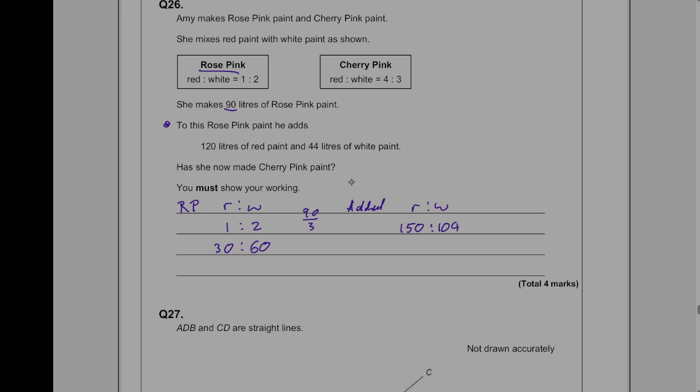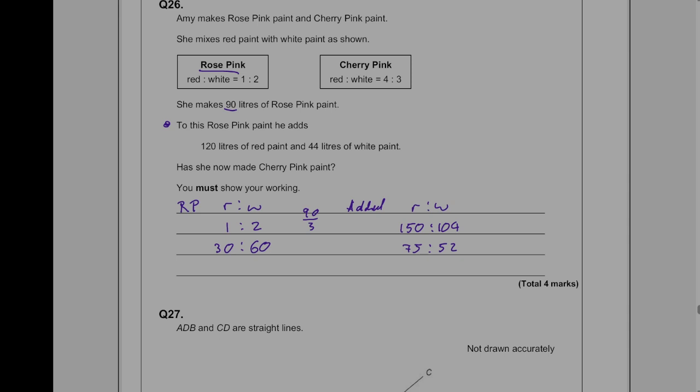Has she now made cherry pink paint? I could say no straight away, because this isn't a multiple of 4 and this isn't a multiple of 3. But what I'm going to do is simplify this ratio as far as I can. So obviously 2 will go into them both, so that would be 75 to 52.